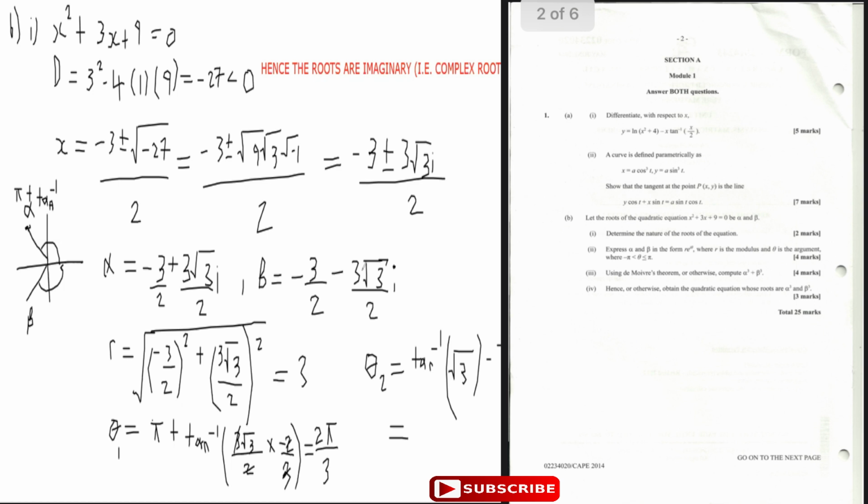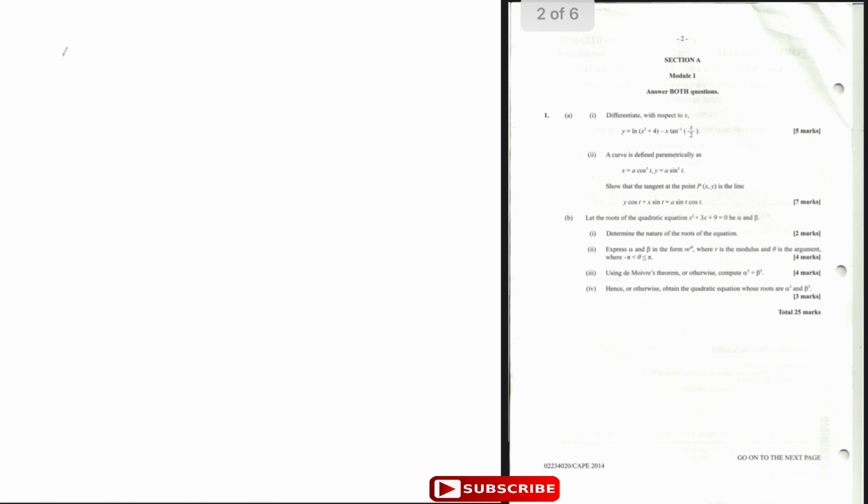So let's put that in our calculators now. Tan inverse of root 3 minus pi. So I get minus 2 pi by 3 in the third quadrant. Now I can finally put them in the polar form. I can say that alpha is equal to R, which is 3, e to the i times theta.